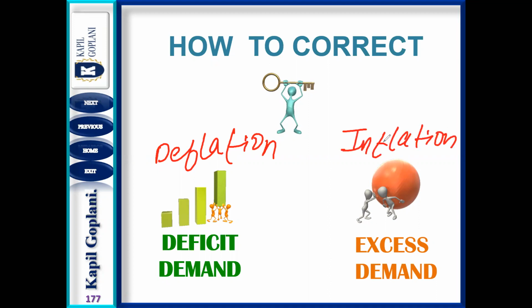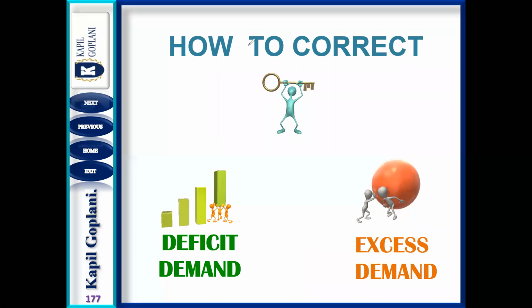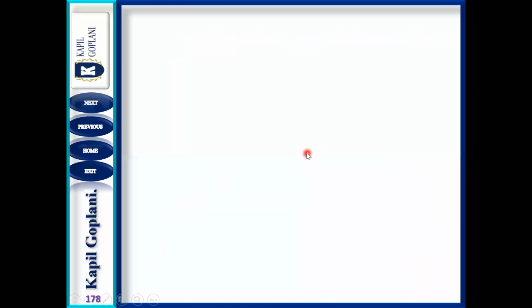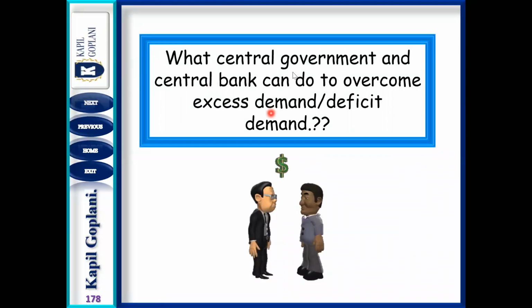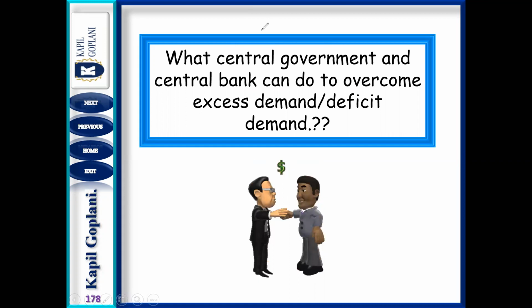What can the central government and central bank do to overcome the excess demand as well as the deficit demand? Now this topic is very interesting, students, because you have seen some related topics in the money and banking chapter also, so you will be correlating with that.